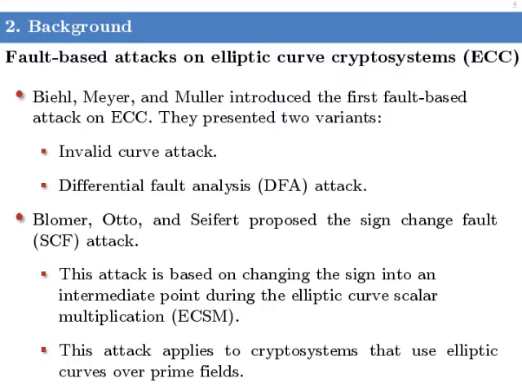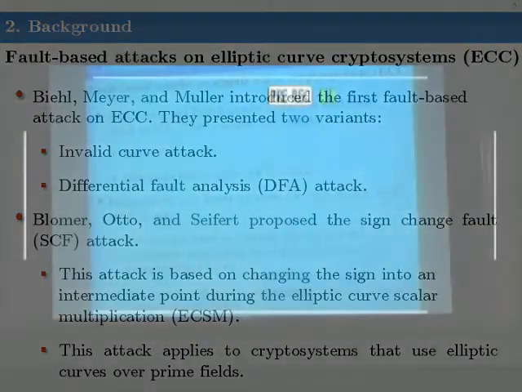An interesting paper for this other attack is by these authors, Blömer, Otto, and Seifert, and they proposed the sign change fault attack. Basically, this attack is based on attacking an intermediate point during the scalar multiplication.